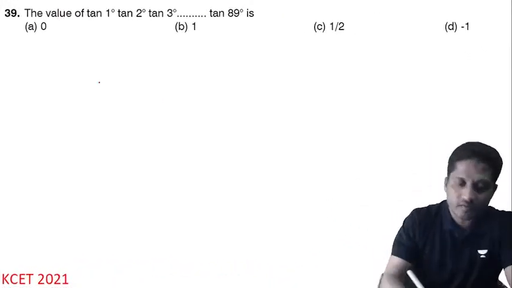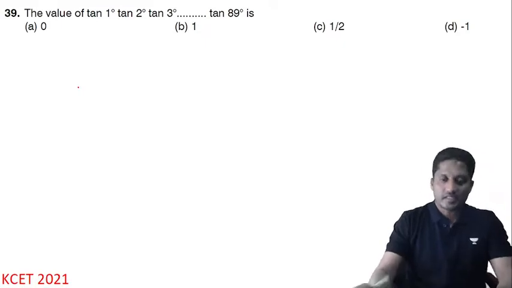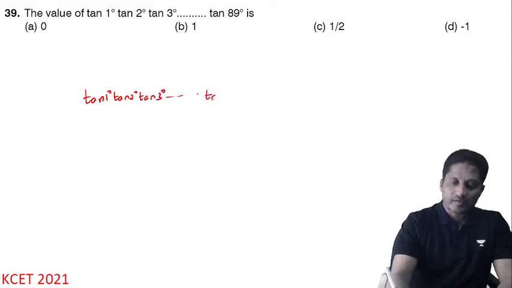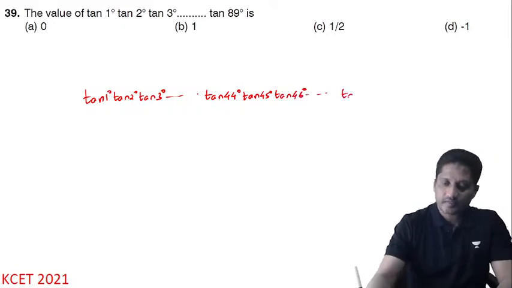The value of tan 1 into tan 2 into tan 3, and so on up to, in between you get tan 44, tan 45, tan 46, and so on up to tan 89.